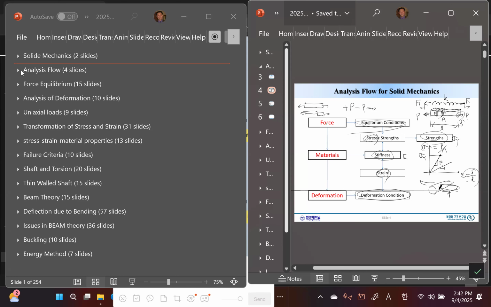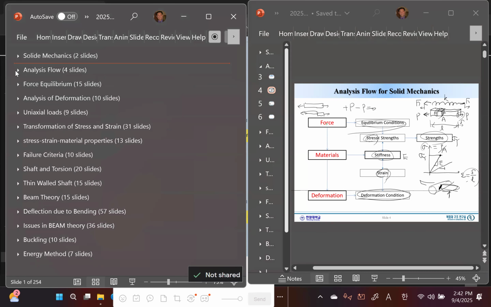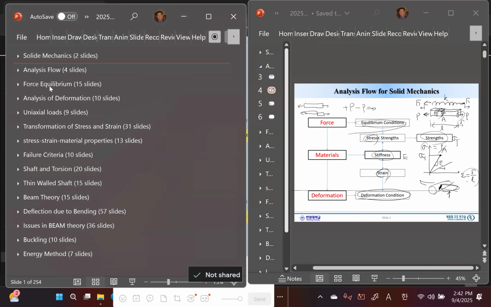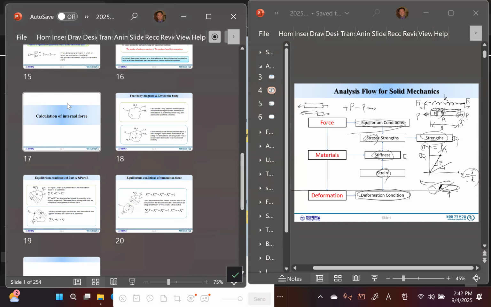Okay, so as you can see, this is chapter 1 describing all the flow chart, and then force equilibrium. Okay, why and what's this force? Well, force corresponds to this one item in this flow chart, 3-5-1. So we need to understand the force and then all the equilibrium.